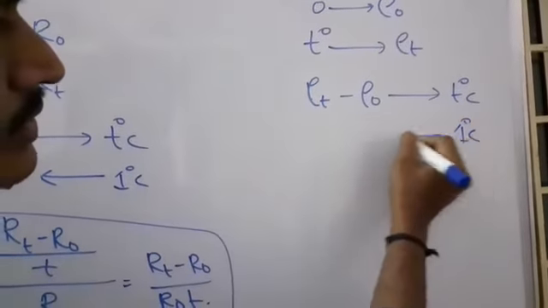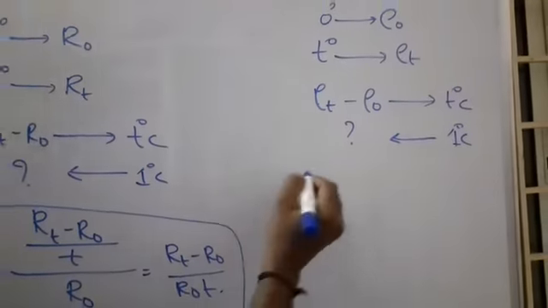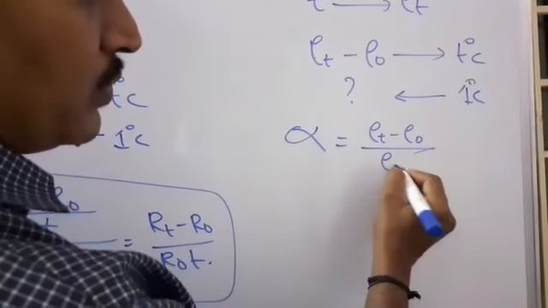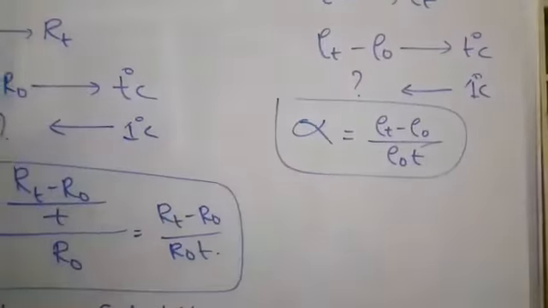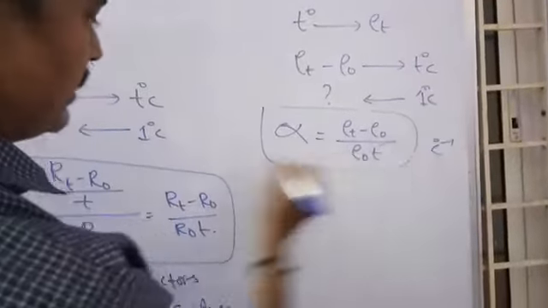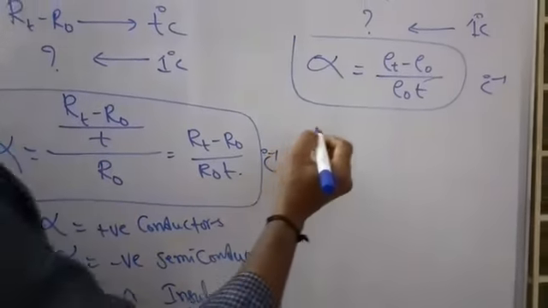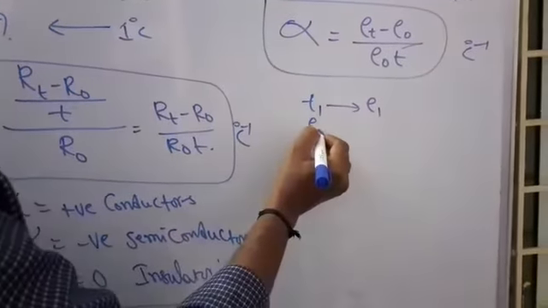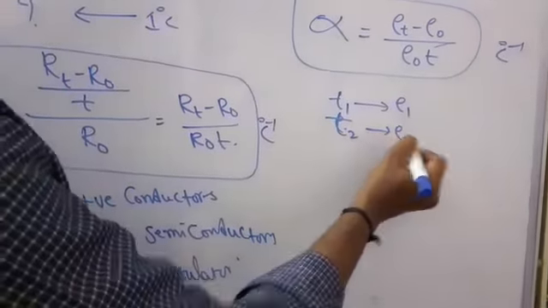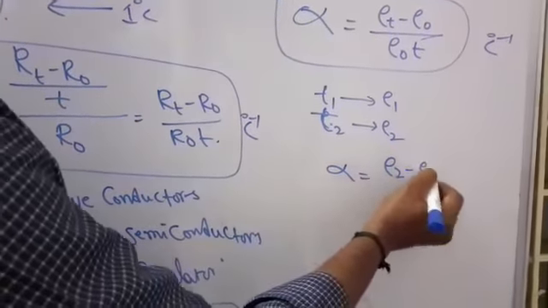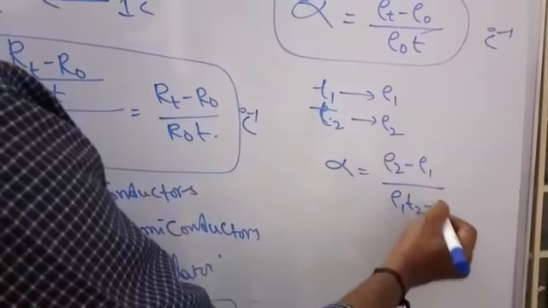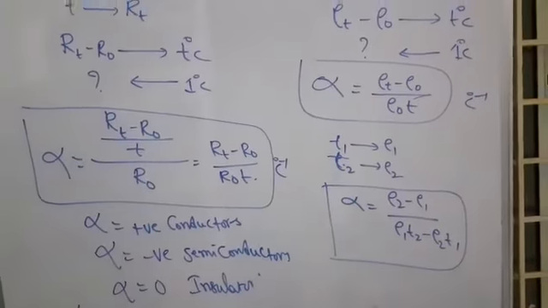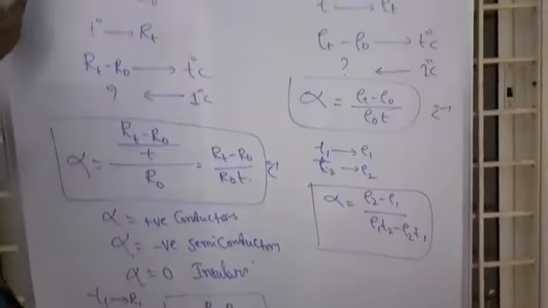For 1 degree centigrade rise of temperature, alpha is equal to rho T minus rho 0 divided by rho 0 into T. The units are degree centigrade inverse, same as before. Then at T1 degree centigrade the resistivity is rho 1 and at T2 it is rho 2, and the formula is rho 2 minus rho 1 divided by rho 1 T2 minus rho 2 T1. This is the temperature effect on resistivity.